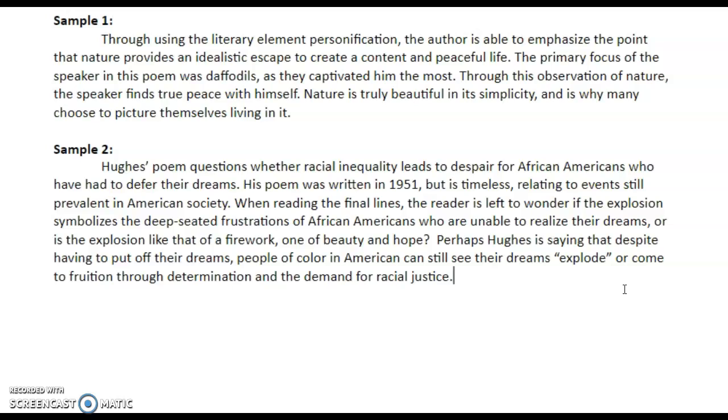So I was really playing off that idea, kind of offering a different perspective. And then my final sentence is, perhaps Hughes is saying that despite having to put off their dreams, people of color in America can still see their dreams explode or come to fruition through determination and the demand for racial justice.